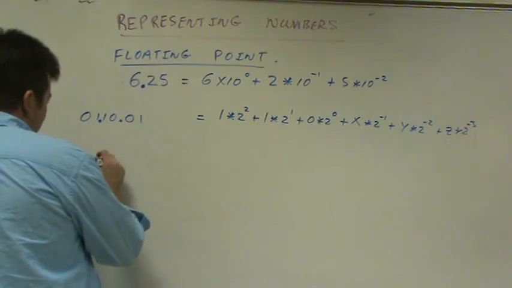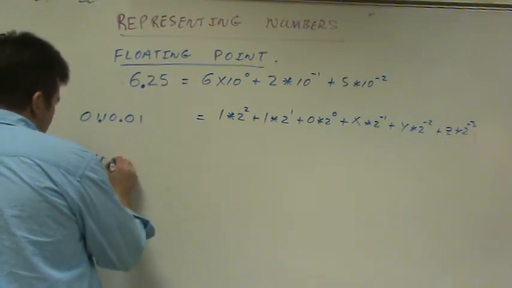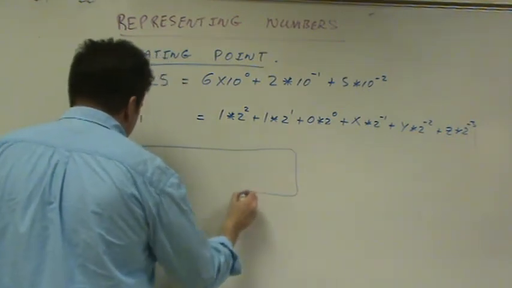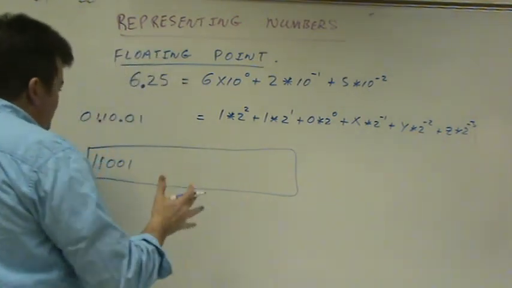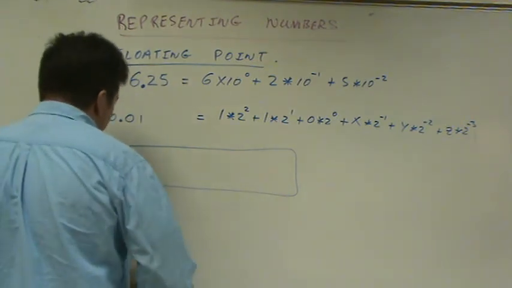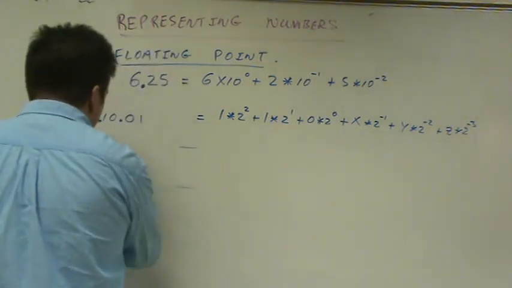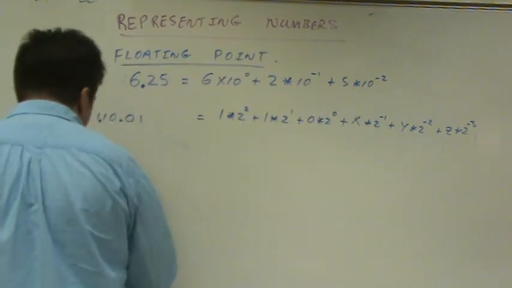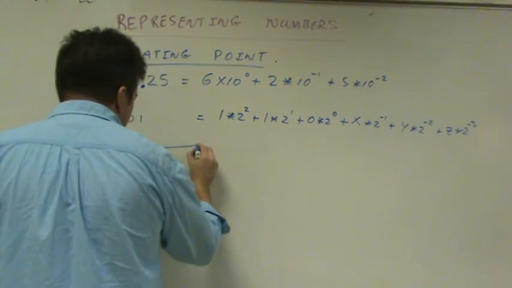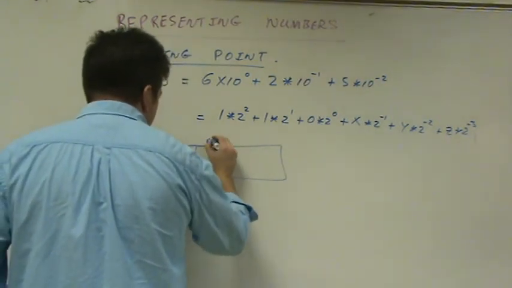They could have said, we're going to represent the number like this: 11001 in the fractional part, and then the exponent part. Actually, they usually represent it the other way around: the sign, the exponent, and then the fraction.